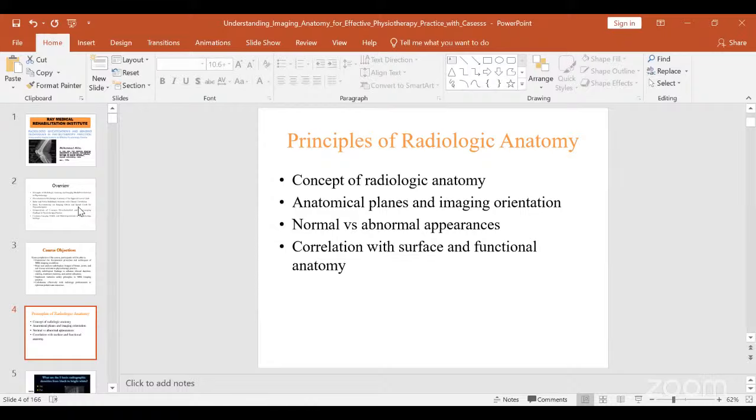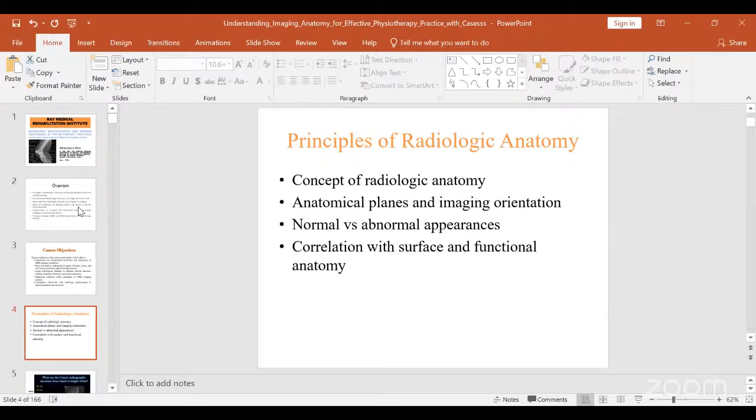I hope we got what I'm saying. Like the heart. The heart appears differently when you see it on a coronal view, and it appears differently when you see it on a sagittal view. So also a bone. It appears differently when you see it on an axial view, and when we see it in what? In a coronal view. So please, we should put this also at the back of our mind.